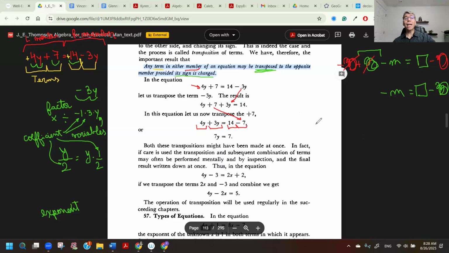So if I have here 7y equals 7, on the left member, I have one term with two factors, the 7 coefficient and the y variable. How do I transpose factors from one member to the other member?